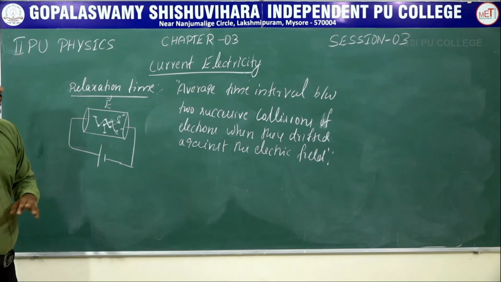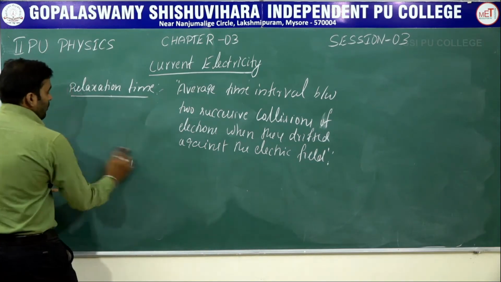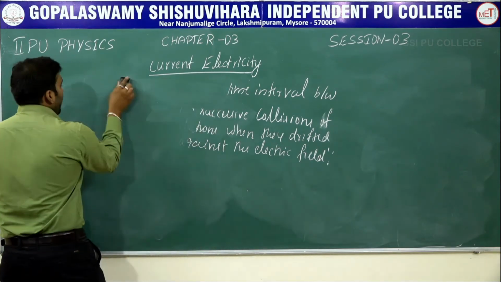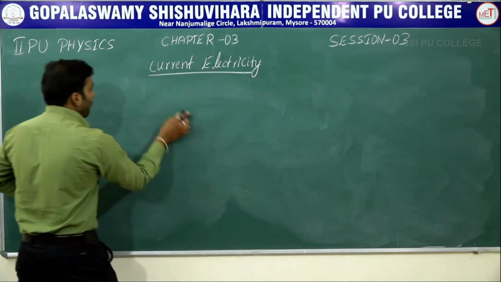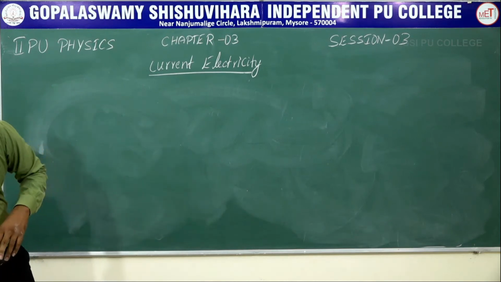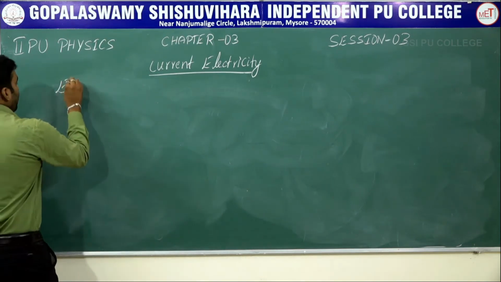Next, we have to derive an expression for current in terms of drift velocity.